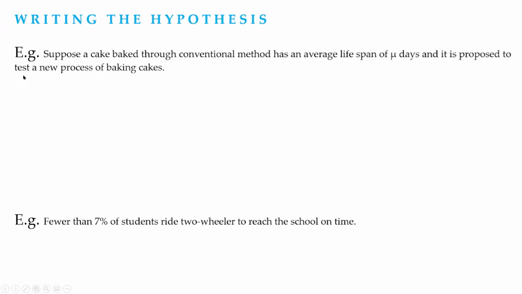Here is an example. Suppose a cake baked through the conventional method has an average lifespan of mu days, and it is proposed to test a new process of baking cakes. Here the researcher is going to test a new process of baking cakes so that it will improve the average lifespan.